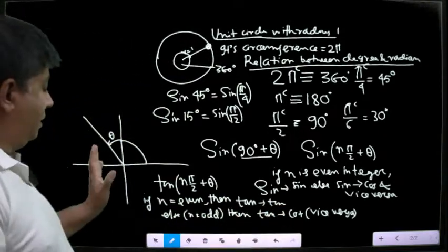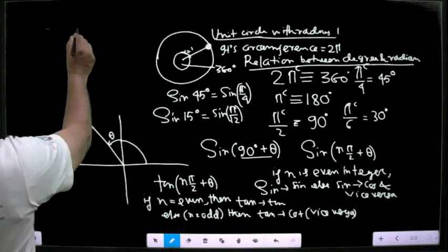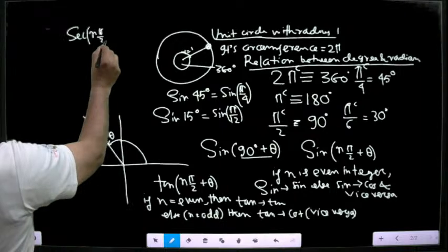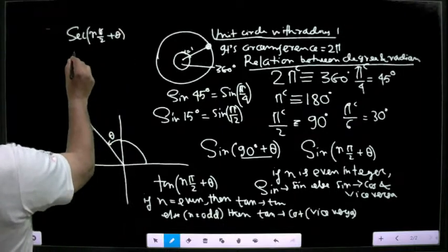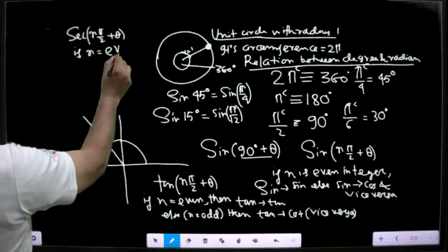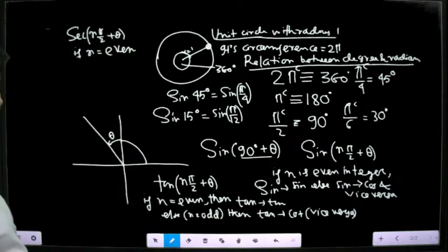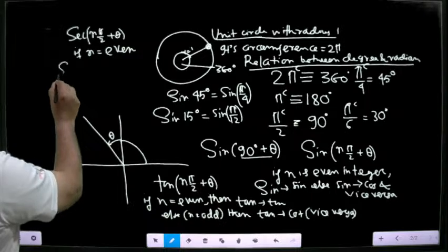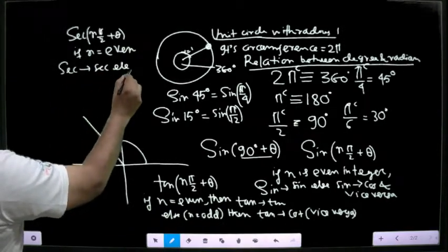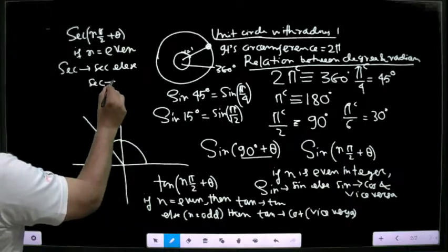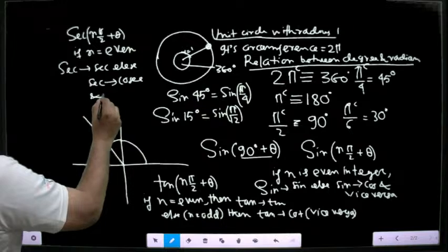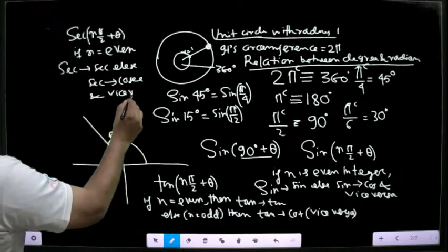Okay. Now, in case of sec of n pi by 2 plus theta, if n is even, sec will remain sec, else sec will be turned into cosec and vice versa.